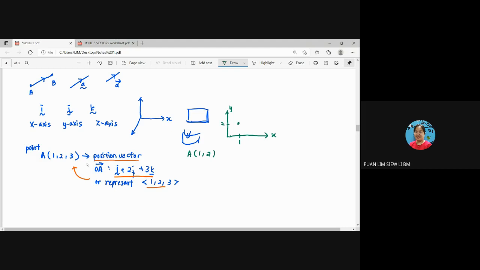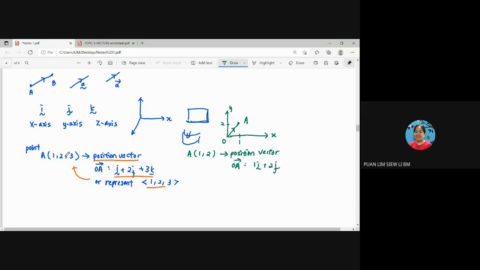This is your point coordinate 1, 2. But you are starting from origin to A, so you can change your point to a position vector. Your position vector will be OA, which is 1i plus 2j.